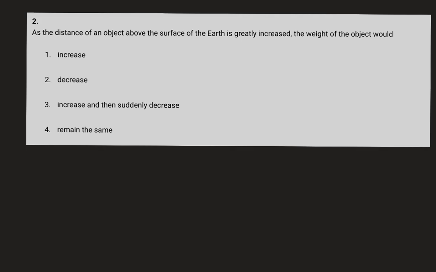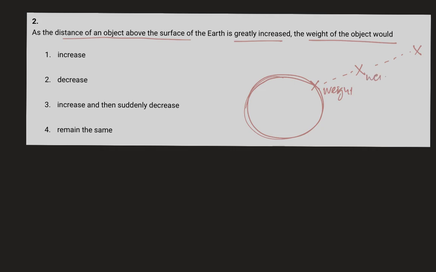As the distance of an object above the surface of the earth is increased, the weight of the object would. So now you have your planet, right? And you're here, then you're here, then you're here. So if I had to check your weight at each point, right?